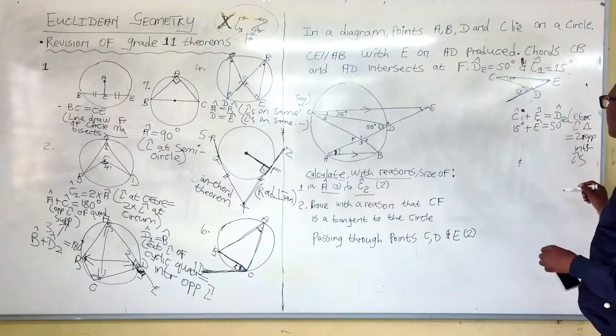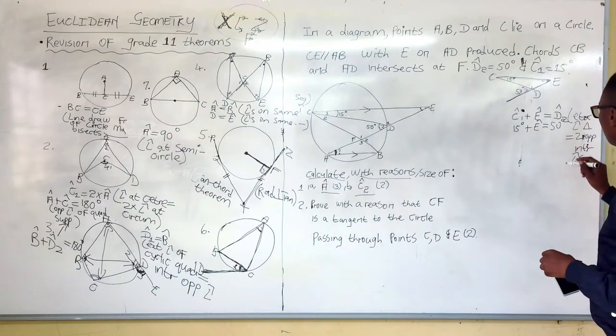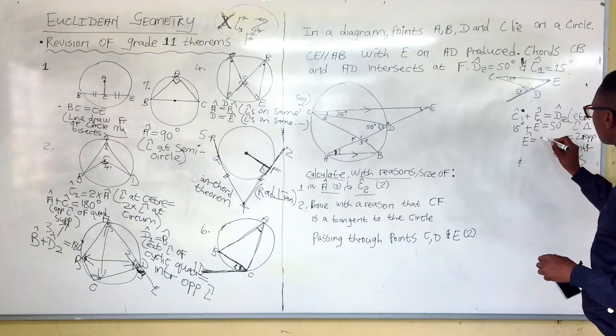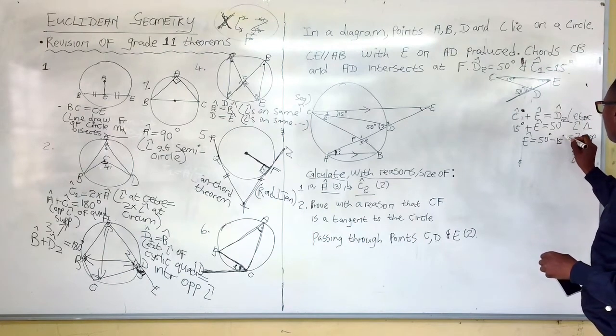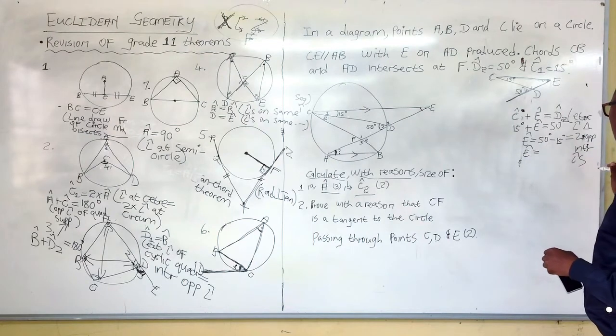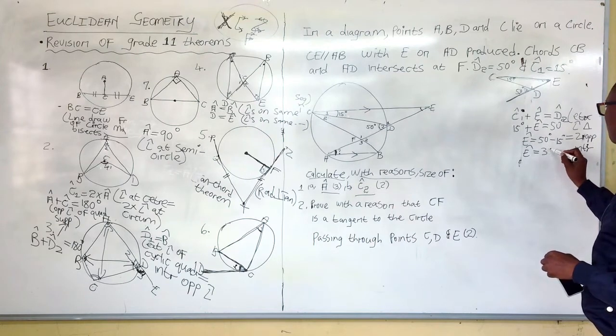So in order for us to get angle E, it is going to be 50 minus 15, which is 35 degrees.